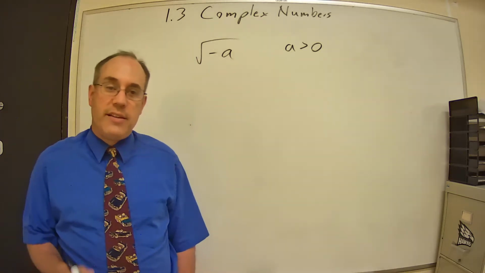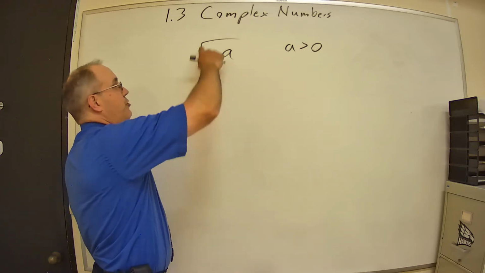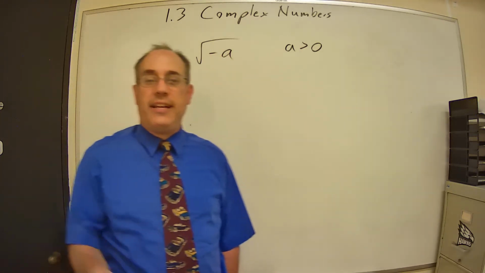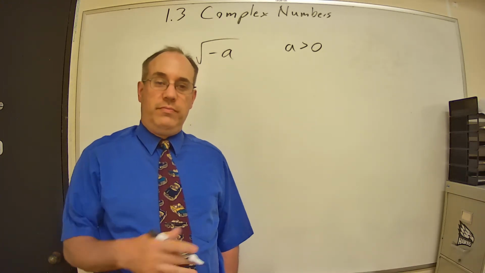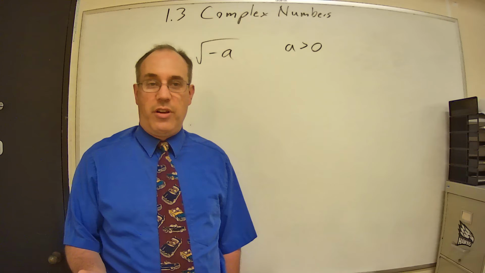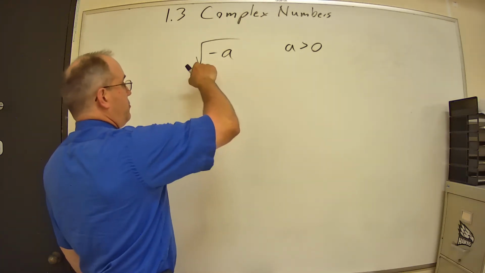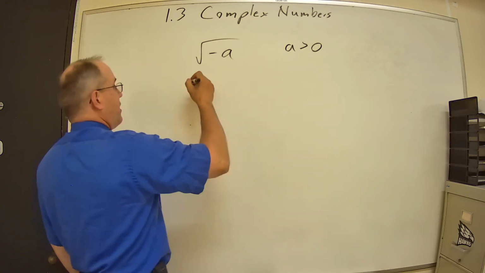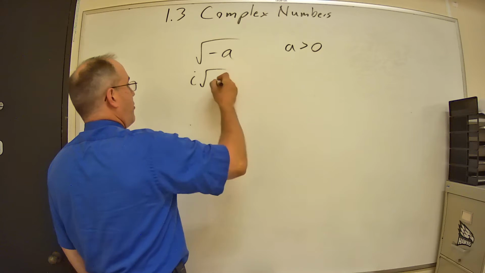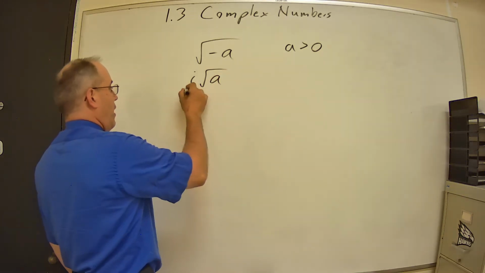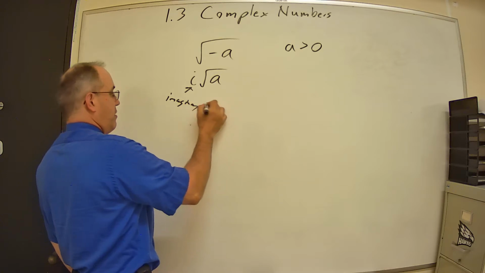And why can it do that? Because anytime you take the radical of a negative number, the result is what we call an imaginary number. So this radical of negative a is the same as saying i radical a, where i is the imaginary number.